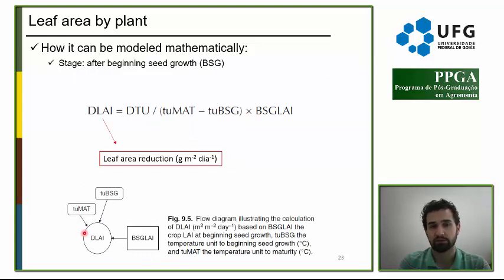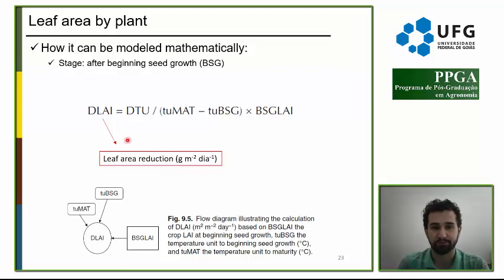And after the beginning of the seed growth, we have a change in the flow where, instead of increasing leaf area, we're going to start the decrease of the leaf area. We're going to start the leaf area reduction every day because we can simulate this senescence and the translocation of biomass from leaf to grain.